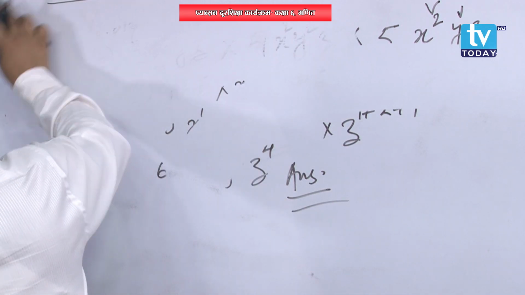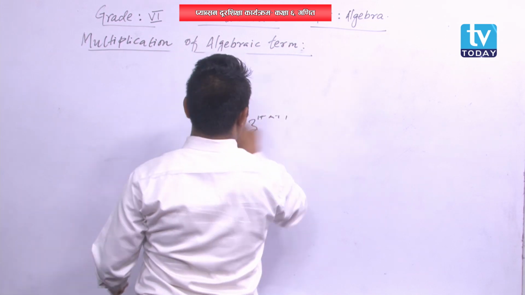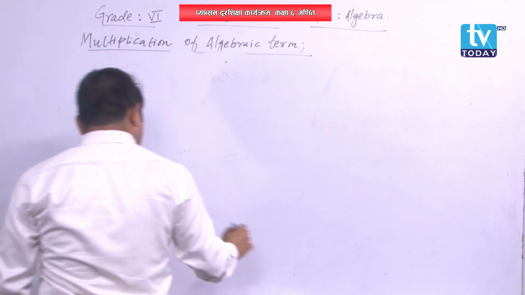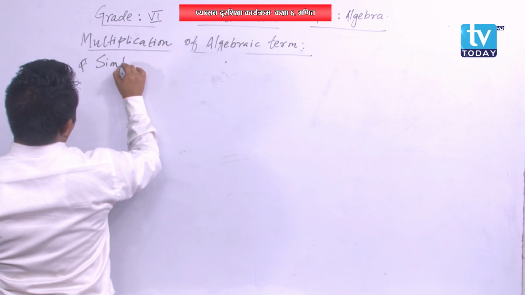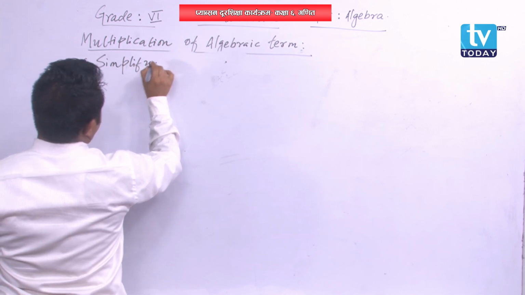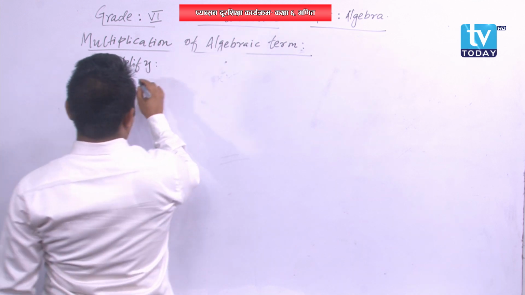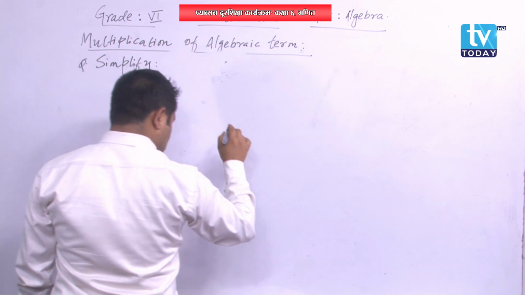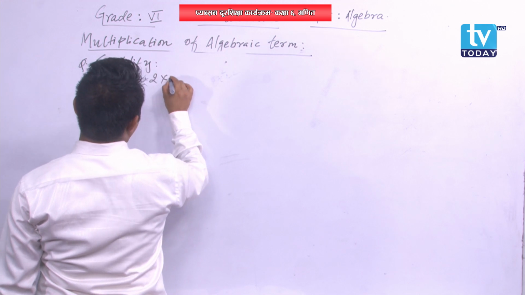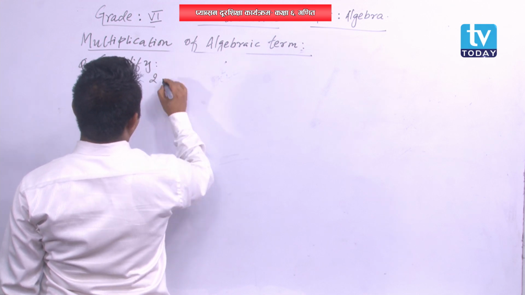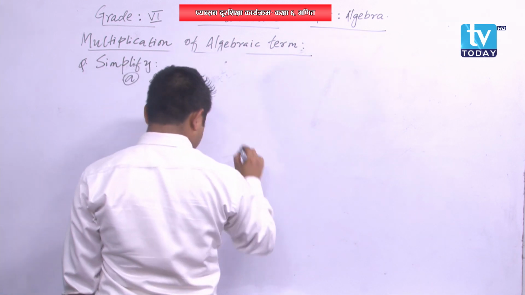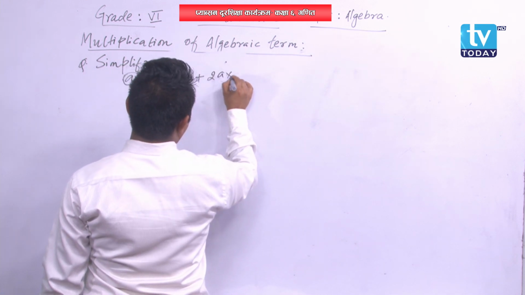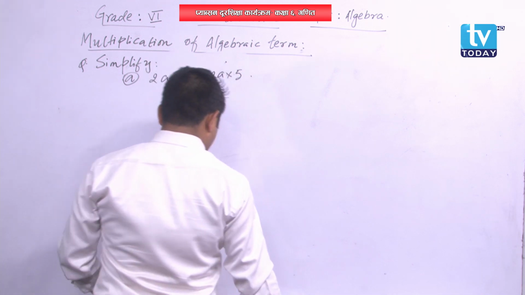Now let me write another question. Now simplify question. Simplify question number A: 2a into 3a plus 2a into 5.